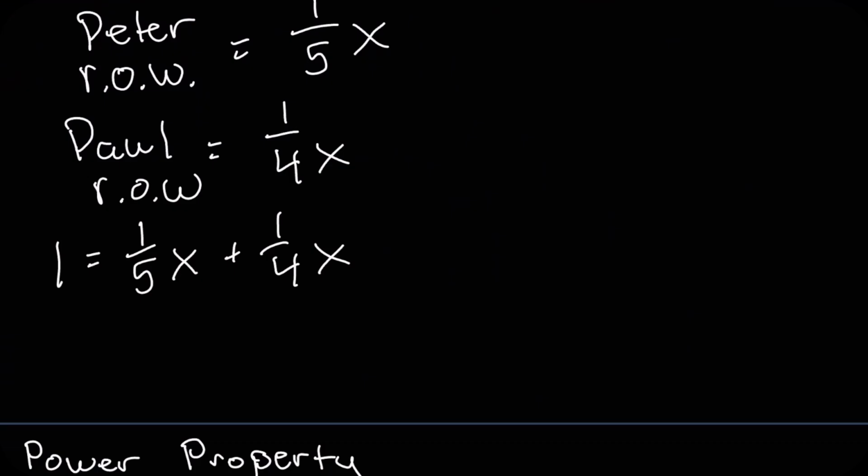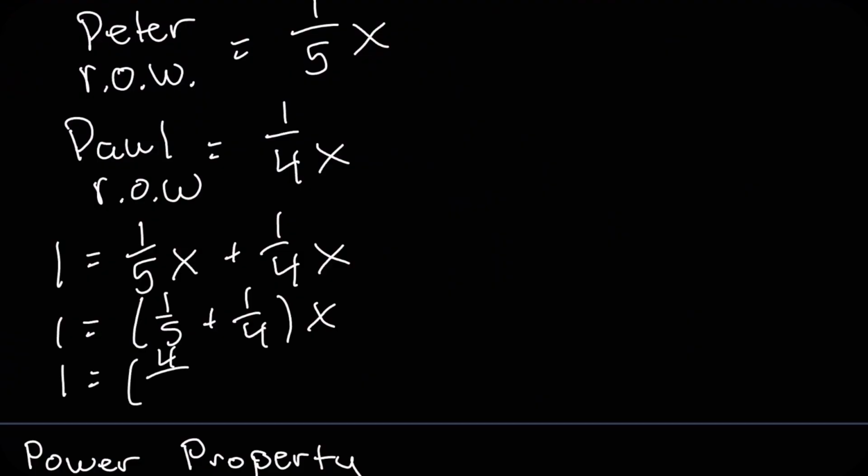So let's go ahead and see what this will be. We can say 1 is going to be equal to, and we can pull out an x, so 1/5 plus 1/4 times x. And then we want to try to get some sort of common bottom here, so we'll say 20 for the bottom. The first one we need to multiply by 4, and the second one we need to multiply by 5.